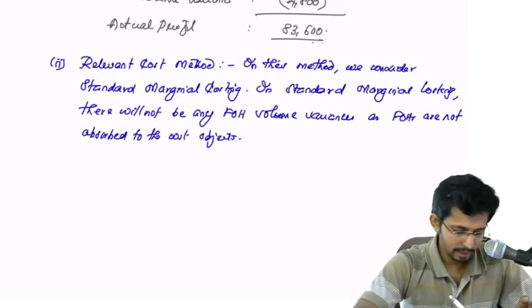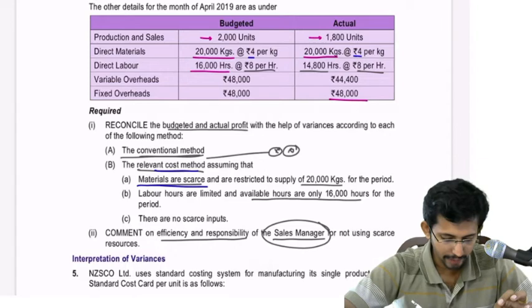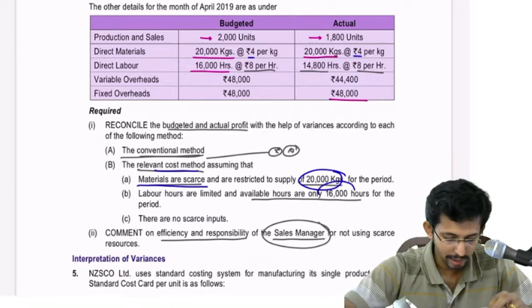Now there is another continuation to this problem. Relevant cost method, assuming that materials are scarce and restricted to a supply of 20,000 kilos. Labor hours are limited and available hours are only 16,000 hours.